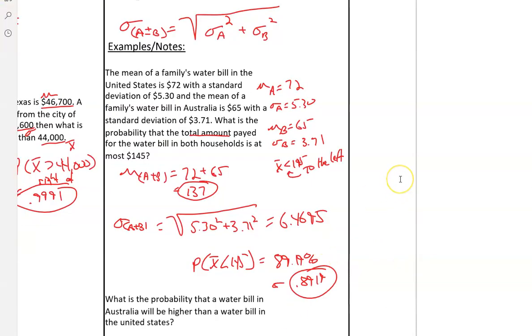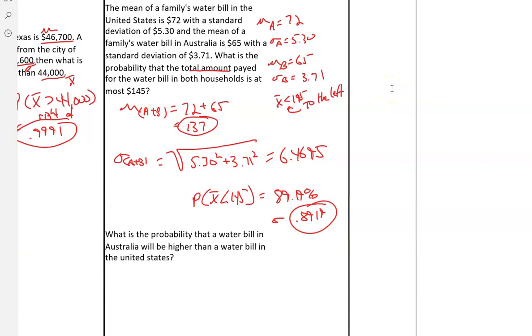And I want to show you a different way they could ask the question, and that is, what is the probability the water bill in Australia is higher than a water bill in the United States? Now you're comparing the two instead of adding them together. And when you want to compare two numbers to see which one's bigger, what do you do? You subtract them.